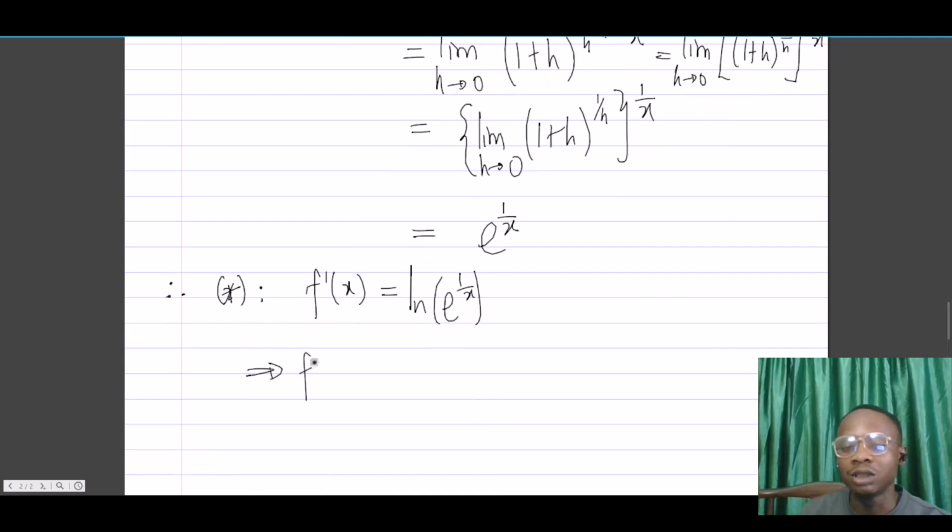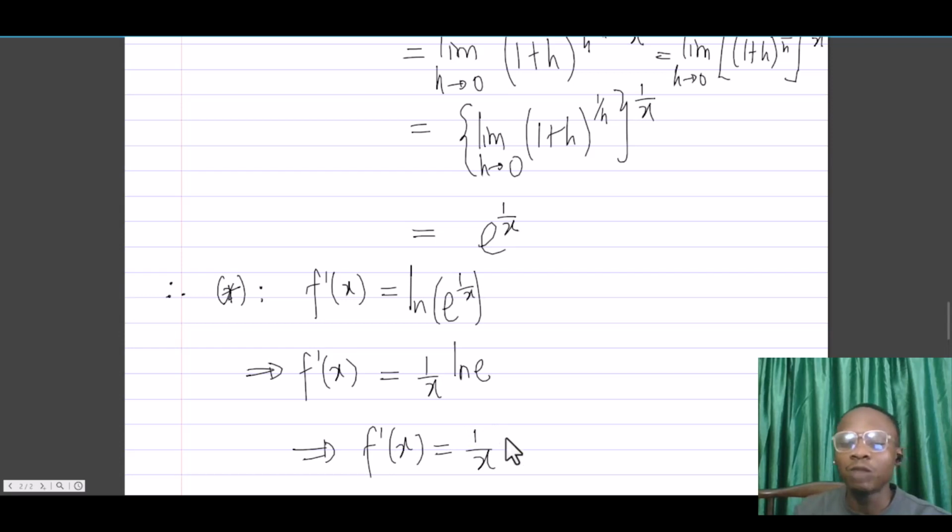This is going to be f prime of x equals the ln, and we know this is log, so we can move down 1 over x. So this will be 1 over x multiplied by the ln of e, and ln is log to base e, so log e to base e is 1. So f prime of x is equal to 1 over x.